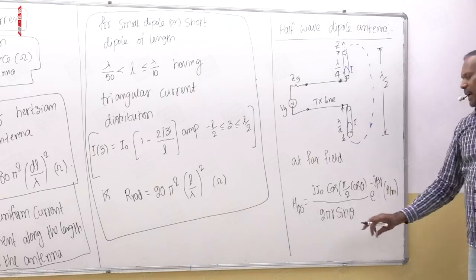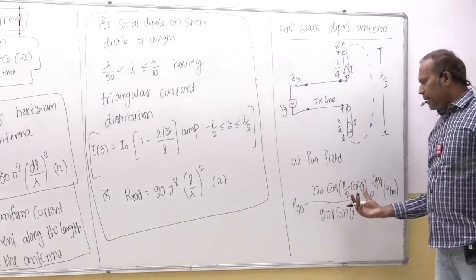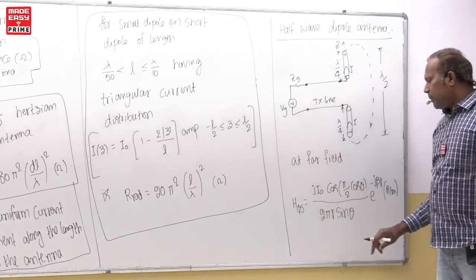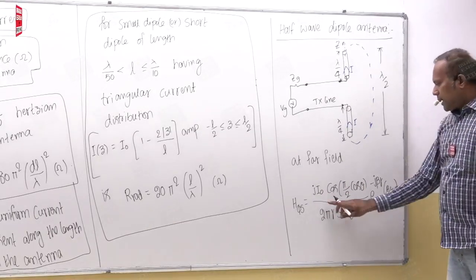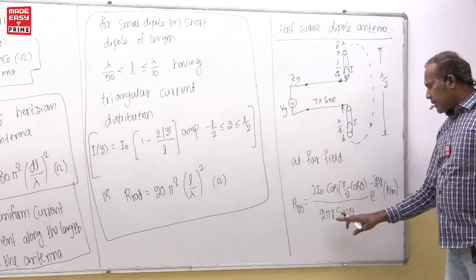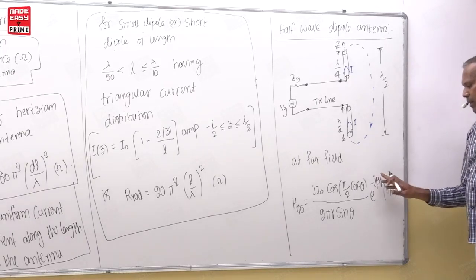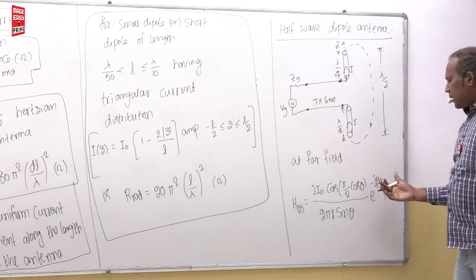This is the H phi s component. If you want the mod, this j will not be there. So you can see here I naught is in ampere, and this is per meter, and these terms don't have units. And if you take the mod, e power minus j beta r mod becomes 1.